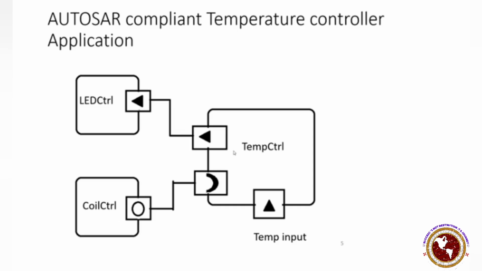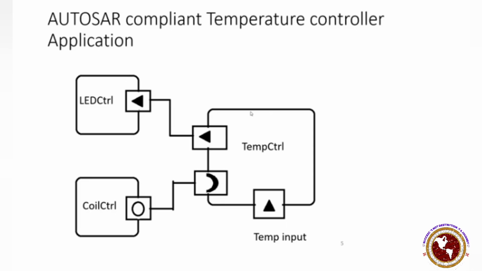Function call is made from the temperature controller, but that is defined in the Keil control. That is done with the help of a client server interface. So this is the client and this is the server. This is the server, this is the client, and that's why we call this a provided port, and this is the required port.